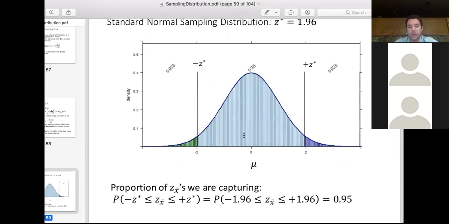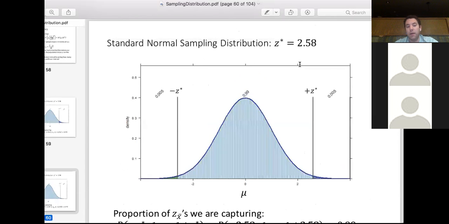As an example, for a 95% confidence interval, the z statistic is 1.96. That is to say, the probability under the probability density function between negative 1.96 and positive 1.96 is equal to 95%.